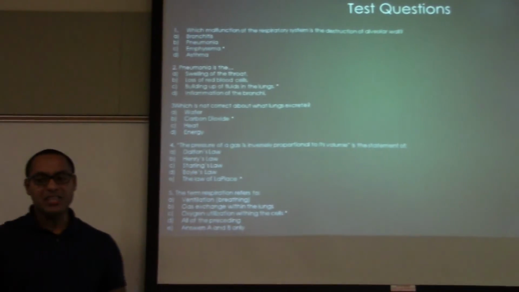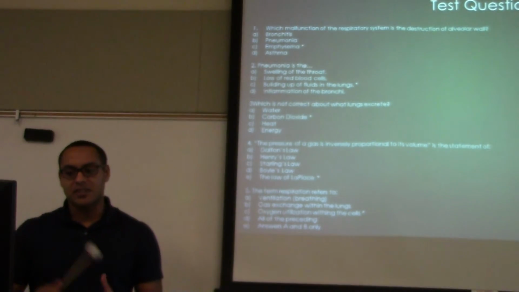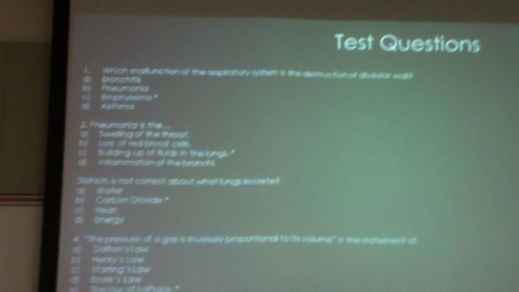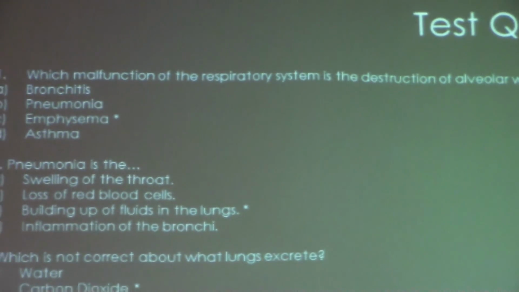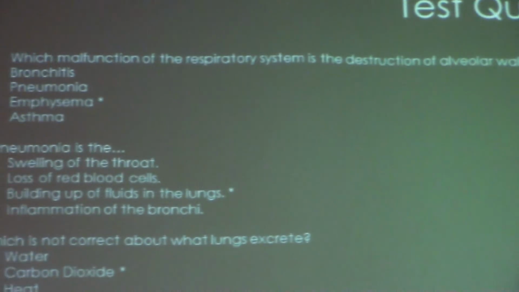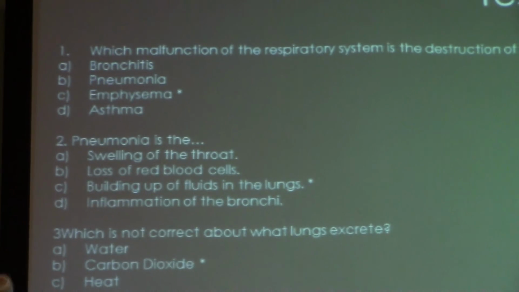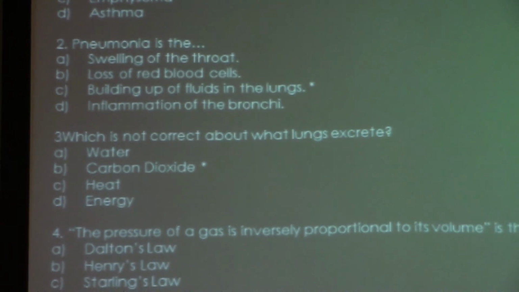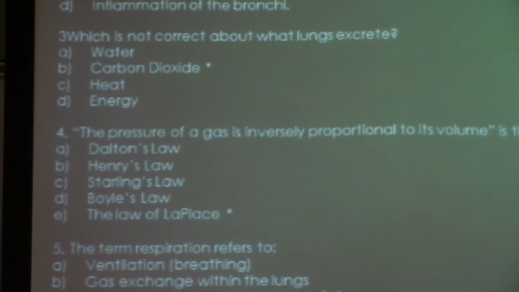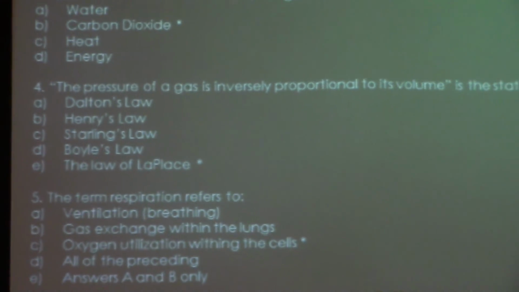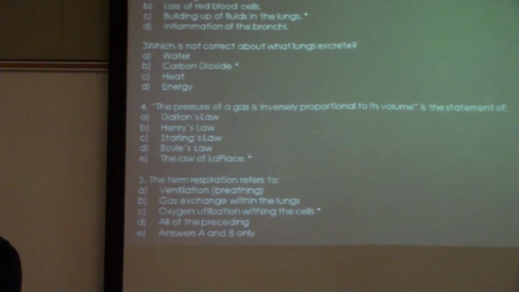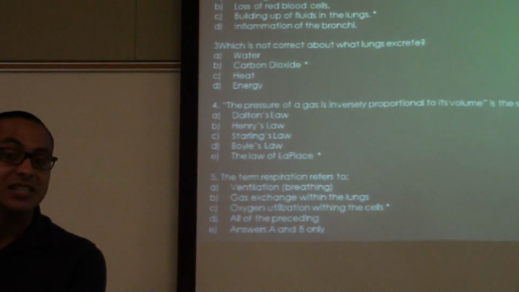Questions. Which malfunction of the respiratory system is the destruction of alveolar walls? I gave you the answer already: emphysema. Pneumonia is the building up of fluid in the lung. What do lungs excrete? That's CO2.